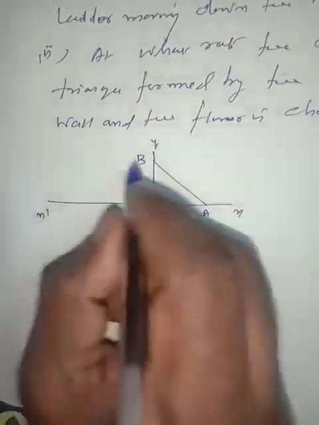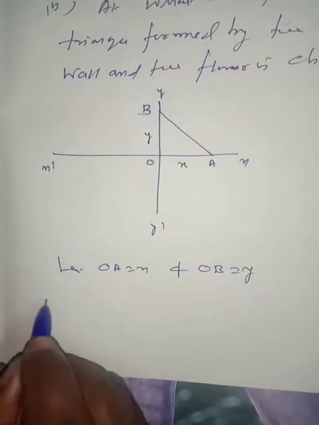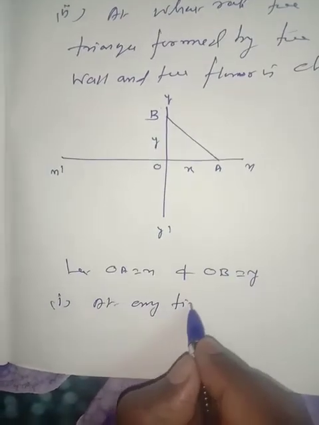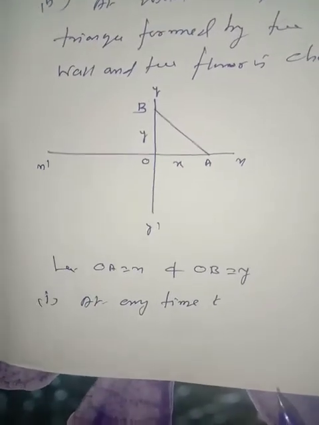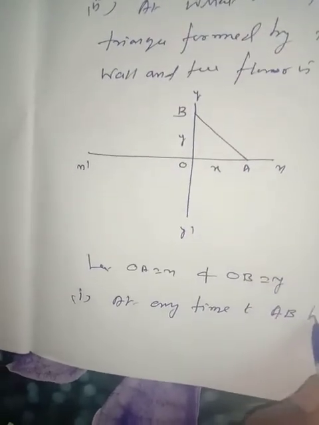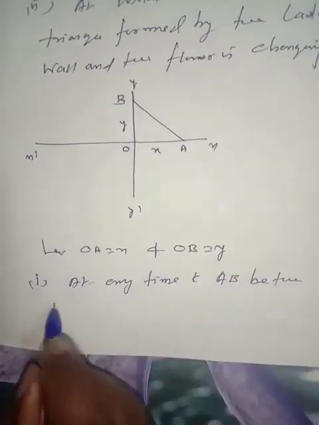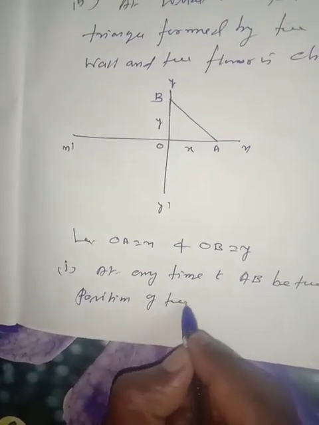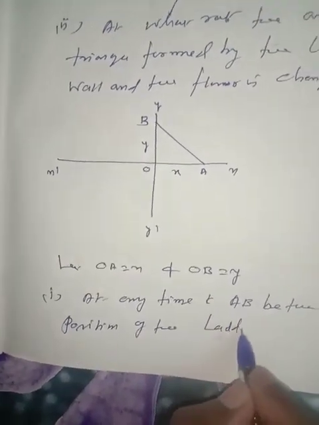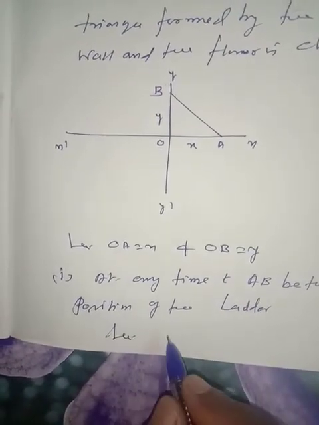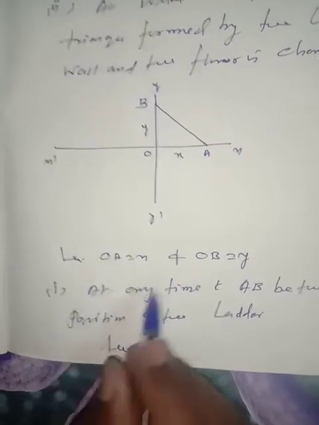So x coordinate x, y coordinate y. At any time t, AB be the position of the ladder.